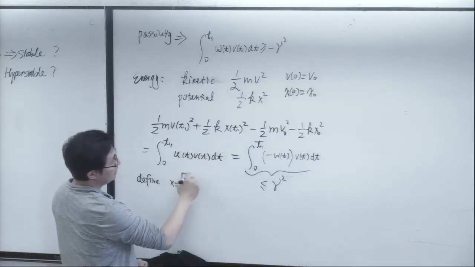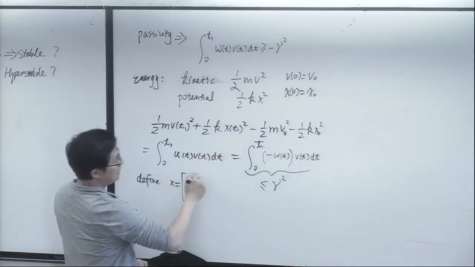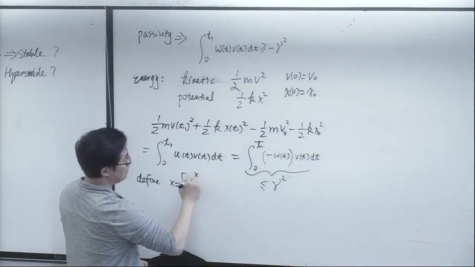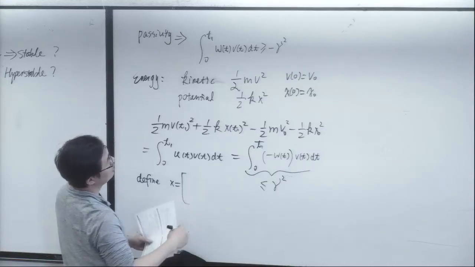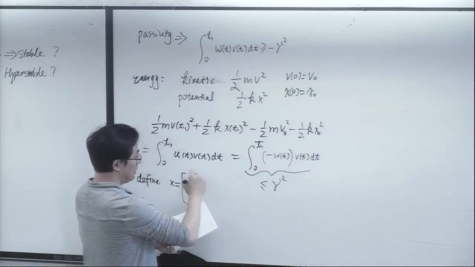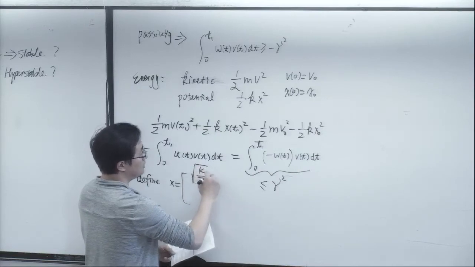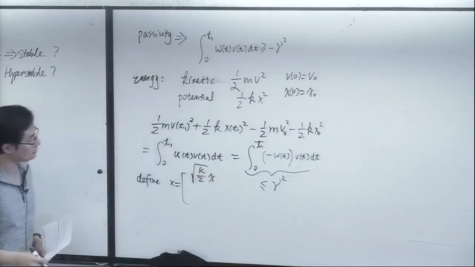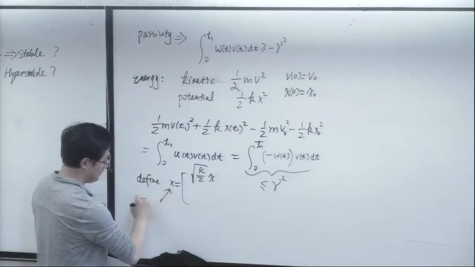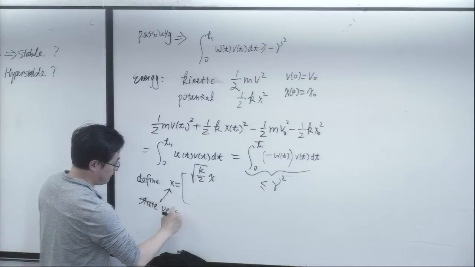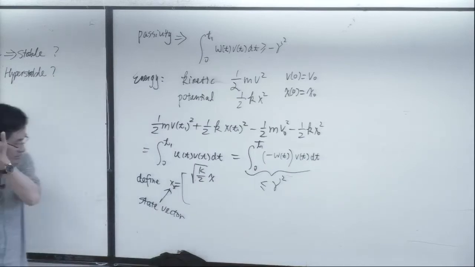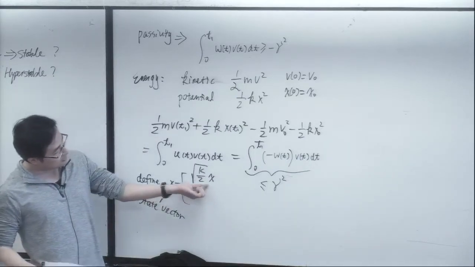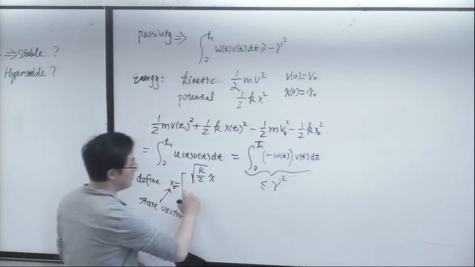Let's normalize our position a little bit to be half of k over 2 x position. So let's say xs is the state vector. It is a normalized version of the position and the normalized version of the velocity.